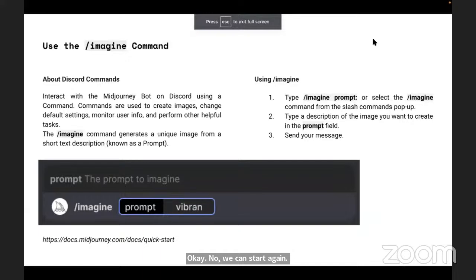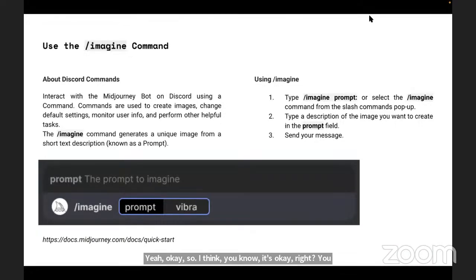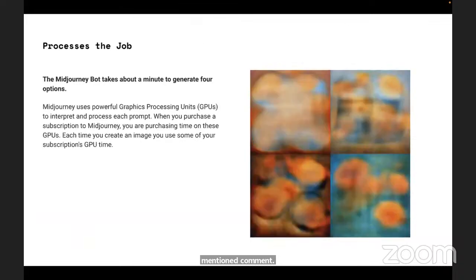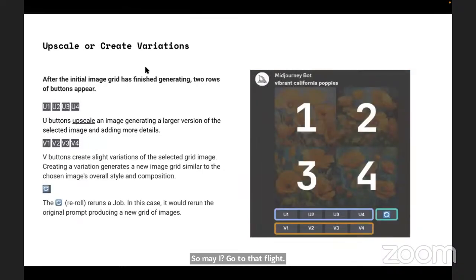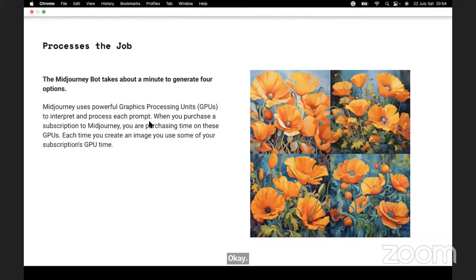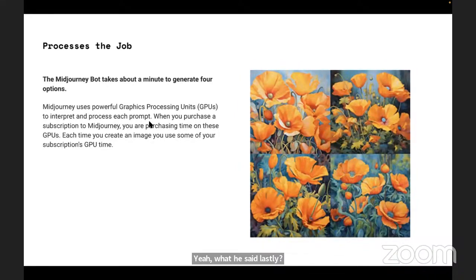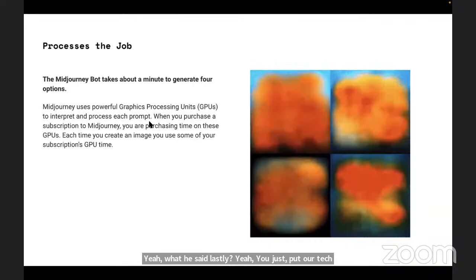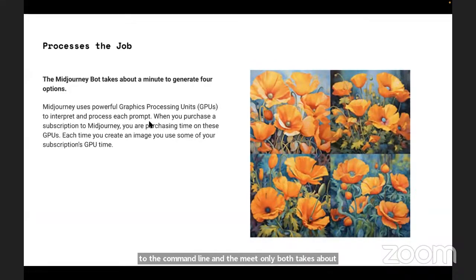So I think here it's okay, right? To the imagine command. May I go to that slide? What we said last week: we just put our text prompt to the command line, and then the Midjourney bot takes about a minute to generate 4 options, as you can see here.